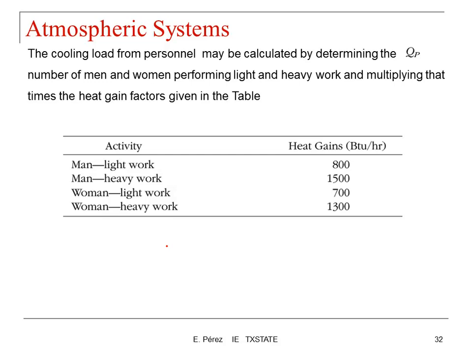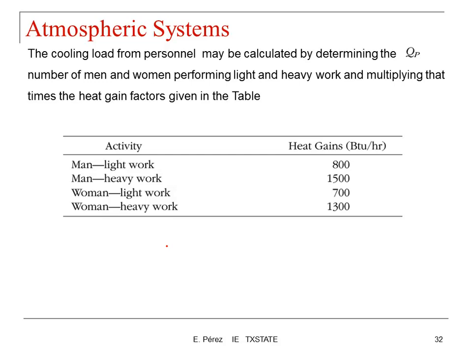But before we get to that, the cooling load from personnel may be calculated by determining QP, which is the number of men and women performing light and heavy work, and multiplying that times the heat gain factors given in this table. So we have these four measurements that we can use depending on the type of employee that we have.